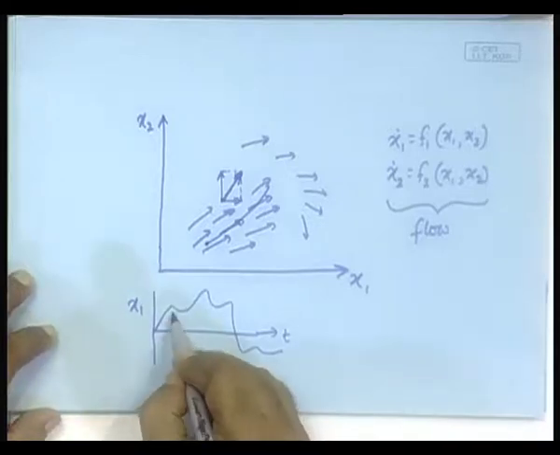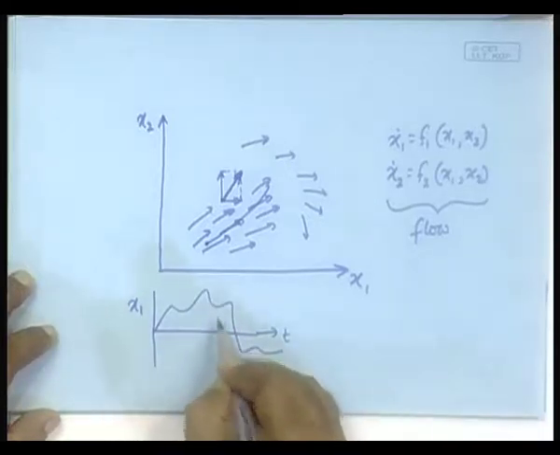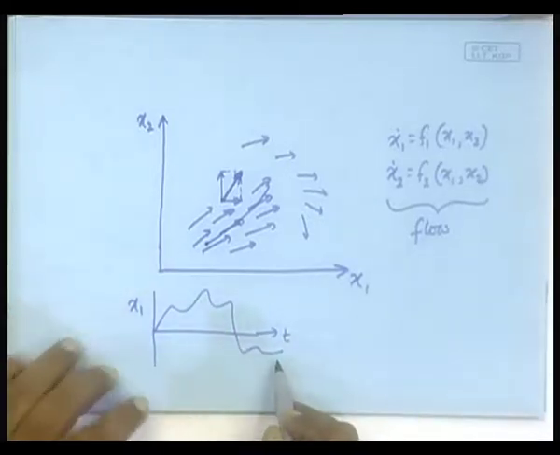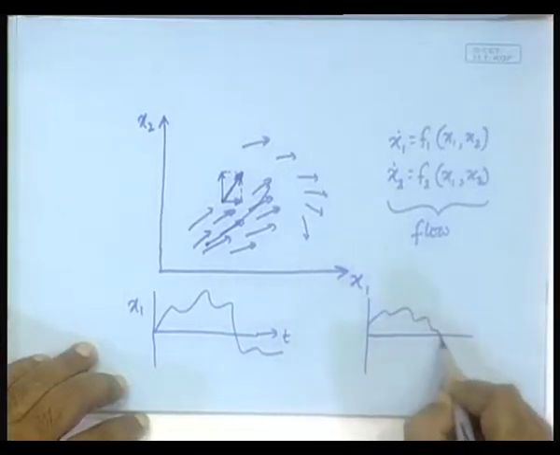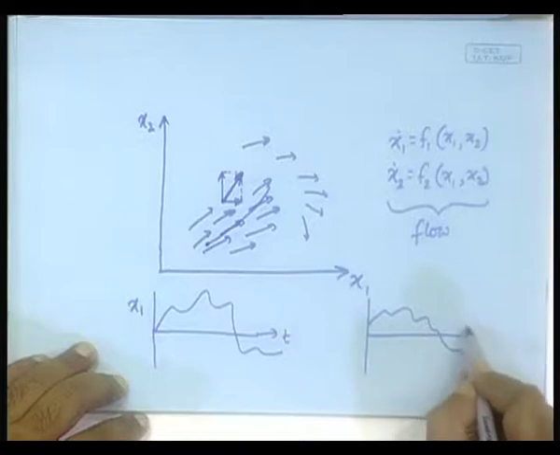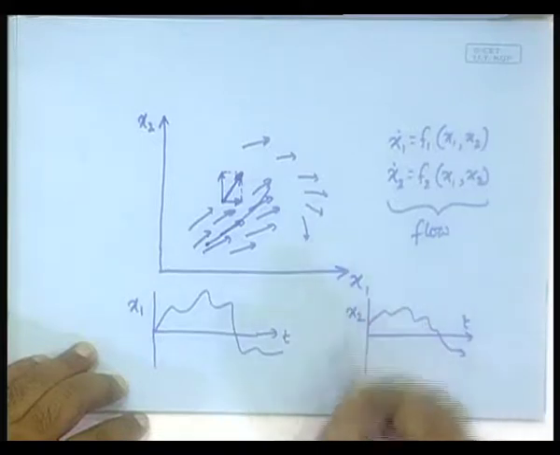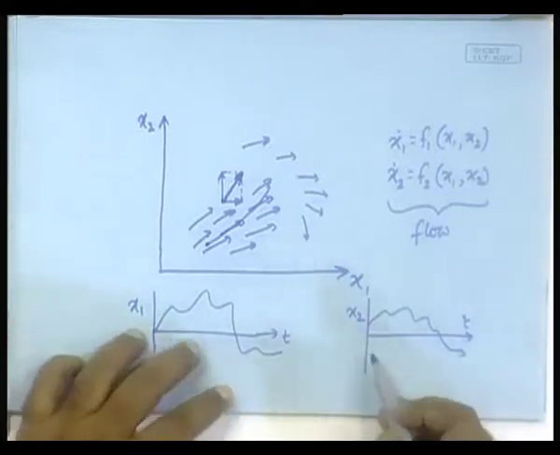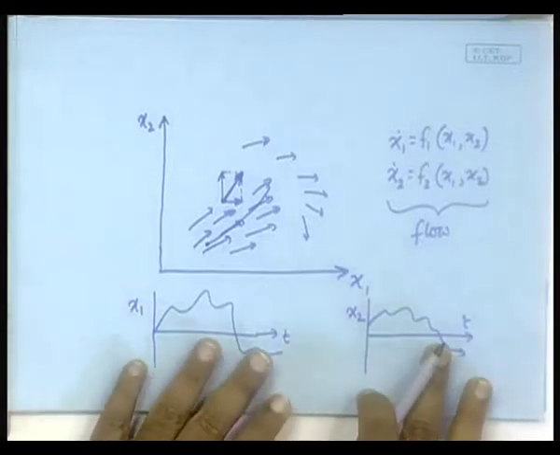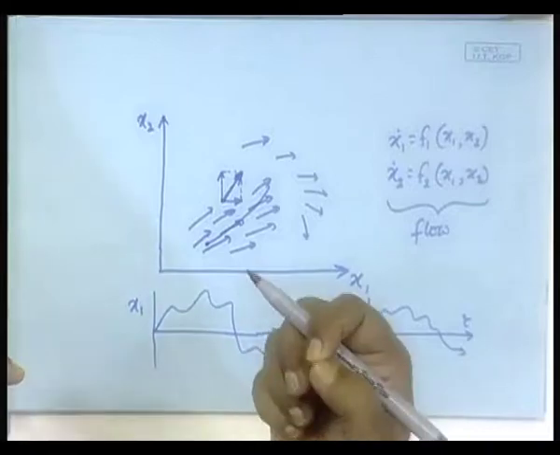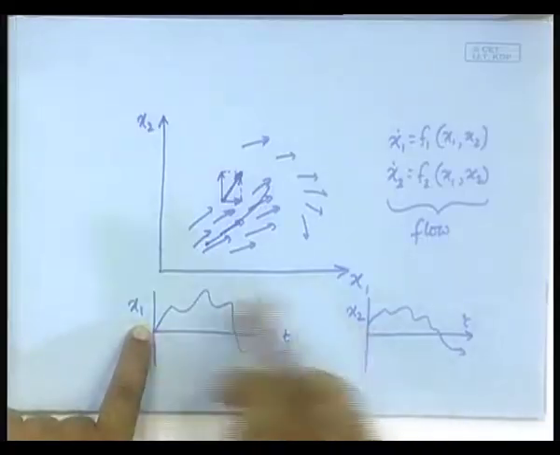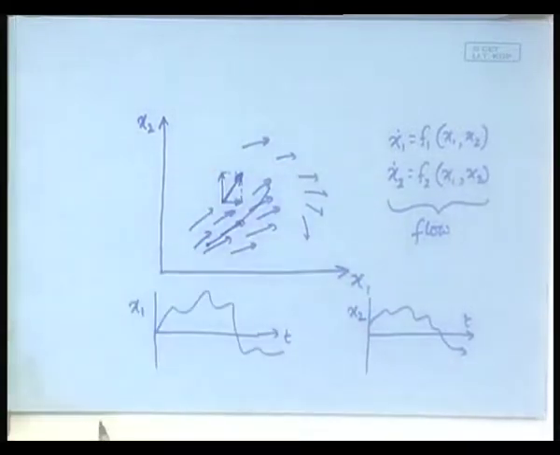So, for every value of time you get a value of x 1, that is the solution of the differential equation. Similarly, you have another solution for time, this x 2. These put together, that means if you forget now about the time, and rather you are more interested in how the point state moves in the state space, then you would plot x 1 versus x 2, and that is what I have drawn here. Okay.